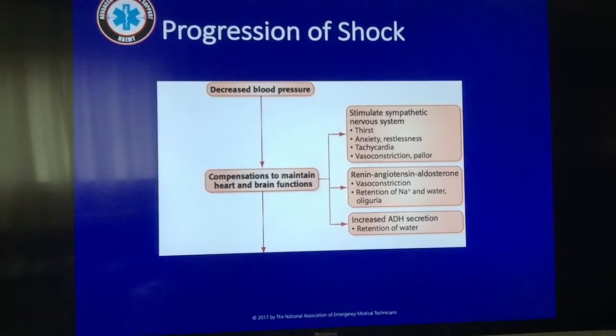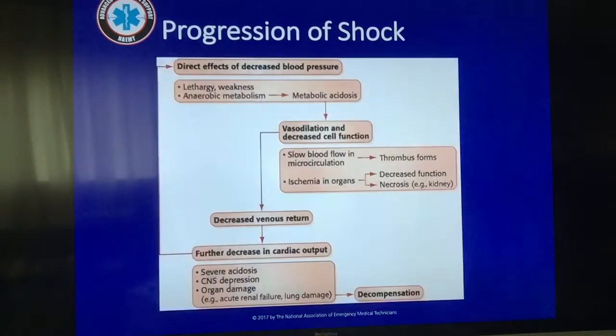So here we have a kind of diagram flow of what we just talked about, increasing to maintain decrease in blood pressure, to try to compensate for these mechanisms. We have the RAS system, we have the posterior pituitary, we also have the sympathetic nervous system kicking in.